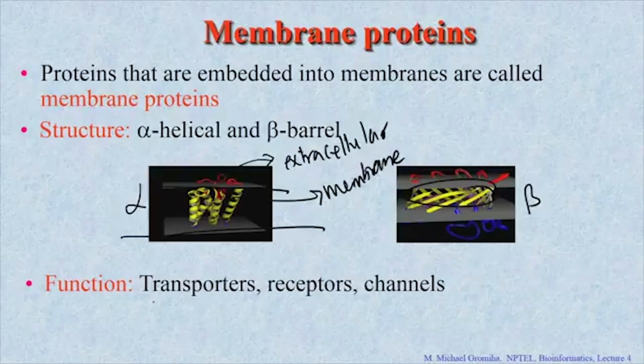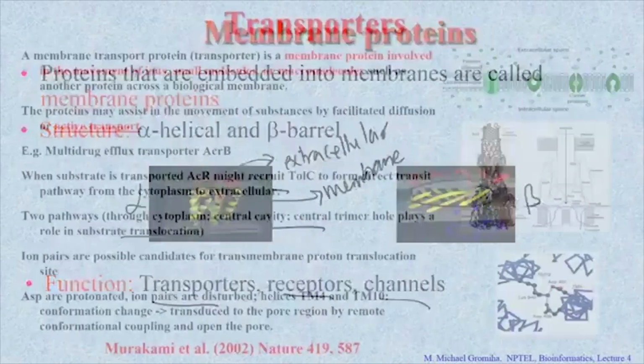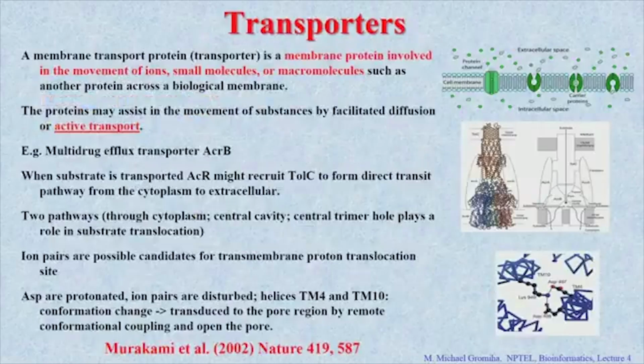These proteins also perform various functions like transporters, receptors or channels and so on. I will explain with a few examples. Here is one example, the transporters. What is a transporter generally? It transports molecules. A transporter is a membrane protein involved in the movement of ions, small molecules or macromolecules, such as another protein, across the biological membrane.